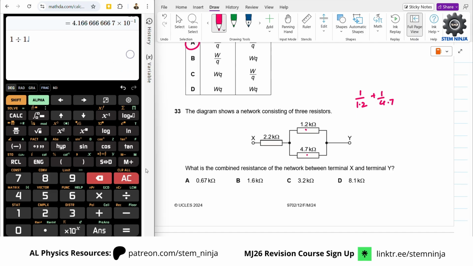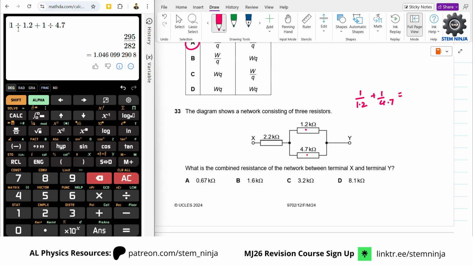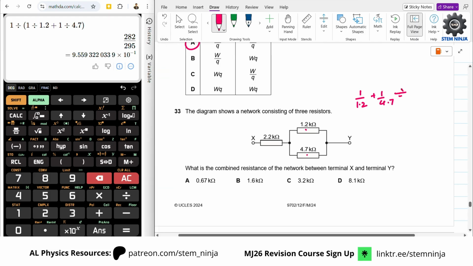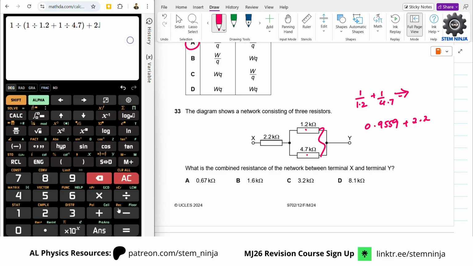Then we need 1 divided by this, which is 0.9559, and then plus 2.2 kilo ohms.